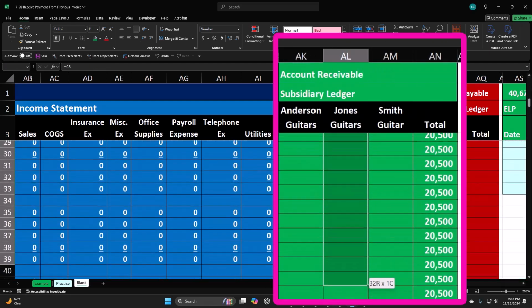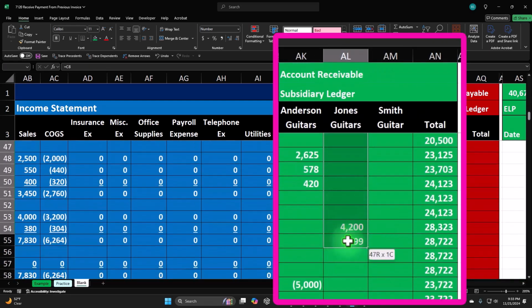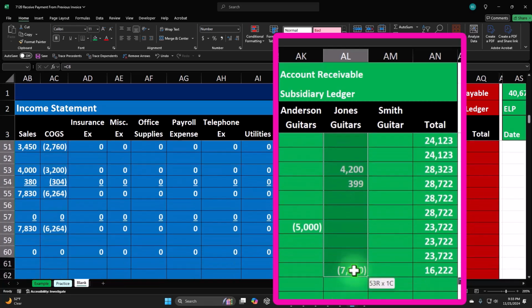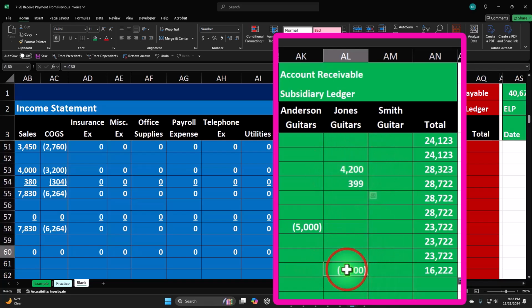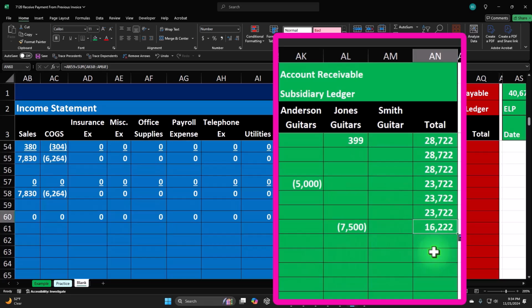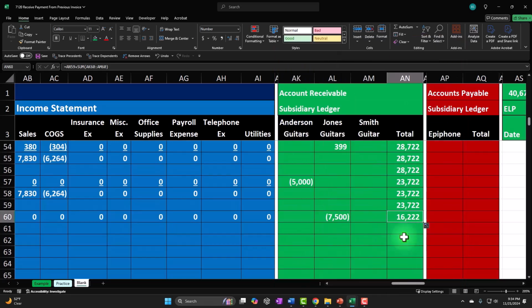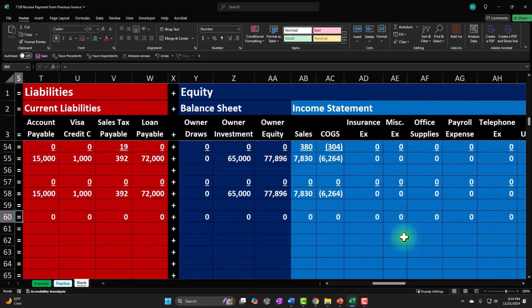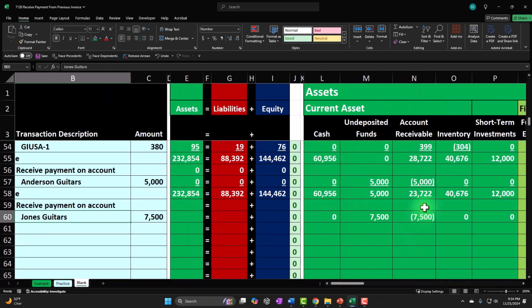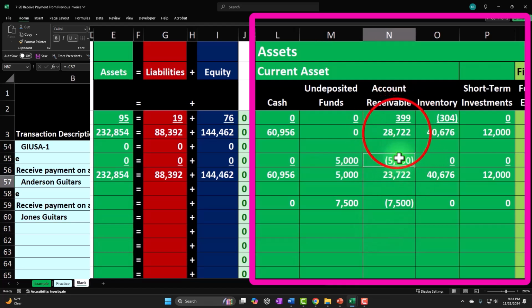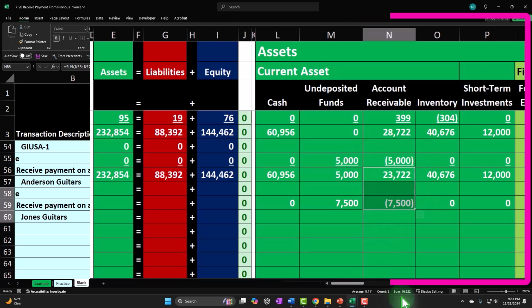Then we invoiced more here, but then they paid us on that original invoice, so now they only owe us $4,599, which is the sum of these two that are still outstanding. Our current accounts receivable is 16,222, which should match what's in our general ledger in our accounting equation. That's 16,222. I think that's right.